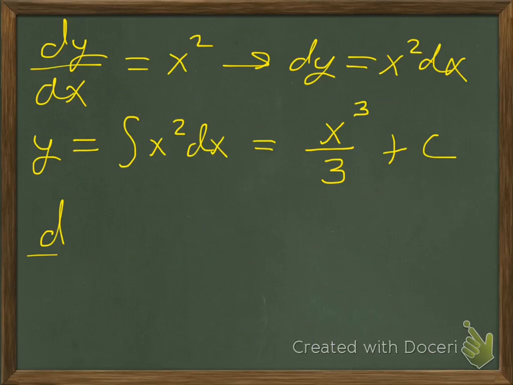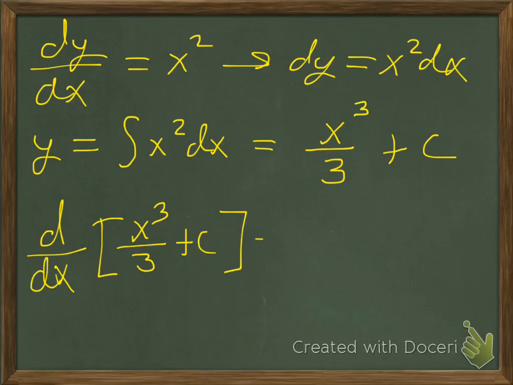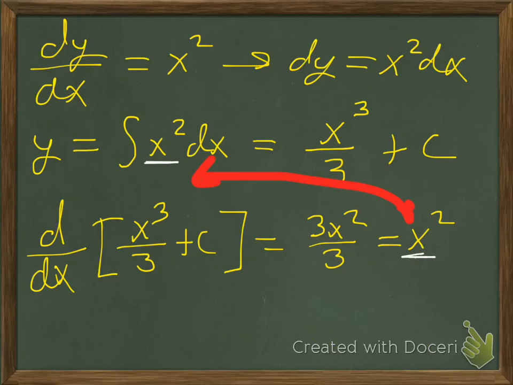And then we just need to check by taking the derivative. The 3 comes down. Subtract 1 from your exponent, plus your constant of integration. But when we take that derivative, that constant of integration is gone. So there's no more constant of integration, and we get x squared.